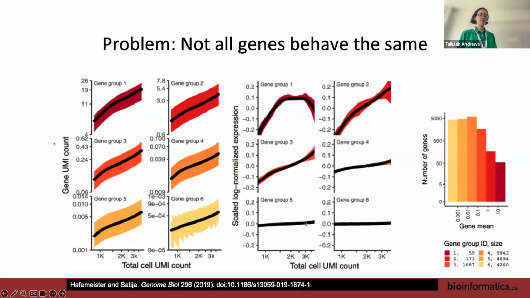You can see for these genes we have successfully gotten rid of that relationship between total UMIs per cell and the expression of that gene. Same for these. But for these more highly expressed genes, we haven't fixed it. And same for the most highly expressed genes, we haven't fixed it. We still have cells with the highest total UMIs having the highest expression of that gene.